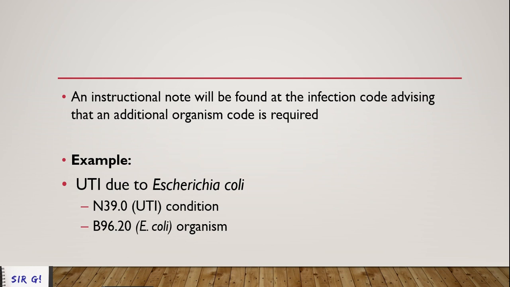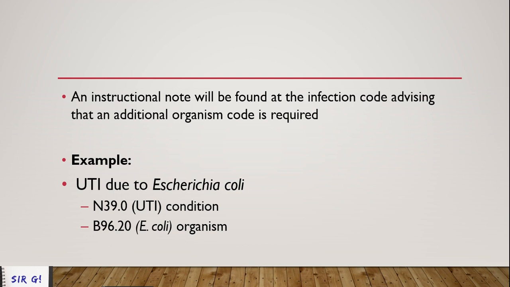The UTI is the infection or the condition. And as I said a while ago, since it's an infection and it's a condition, and it's also stated in the example that the cause is E. coli or Escherichia coli, it should be coded as an additional code only.